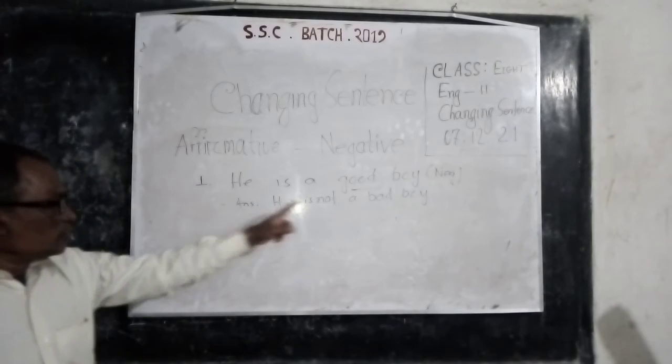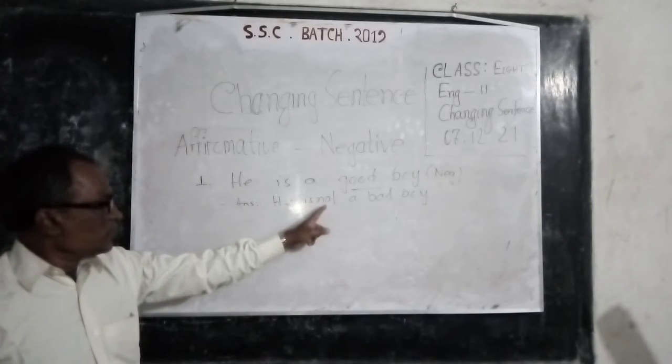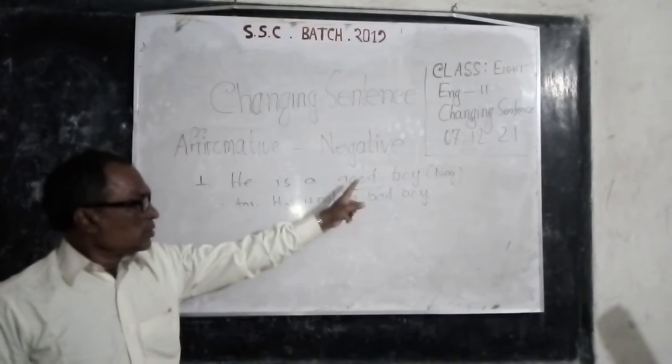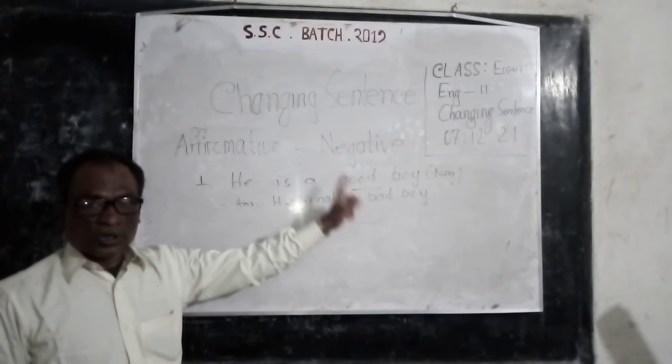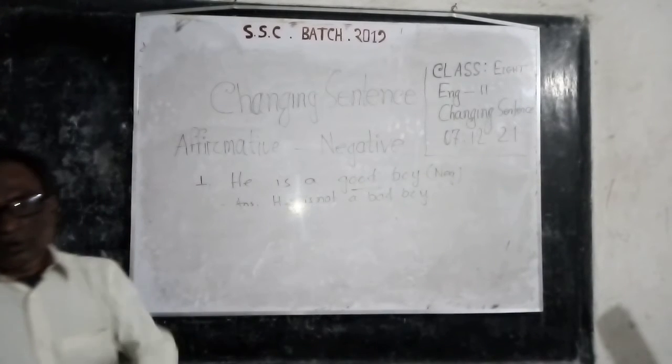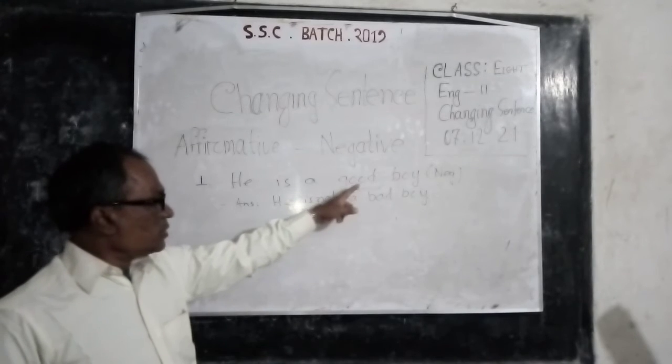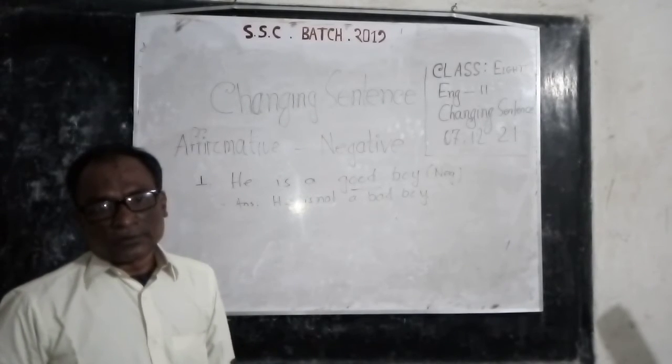We use not to make it negative. After the auxiliary verb we use not, and we use the opposite meaning of good, in other words the antonym of good.